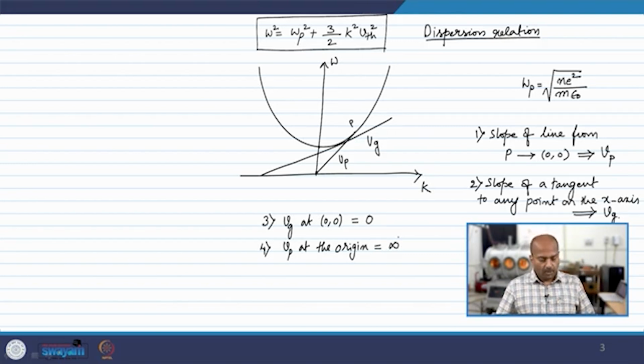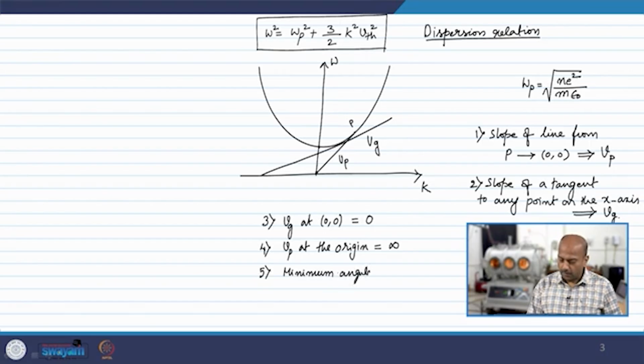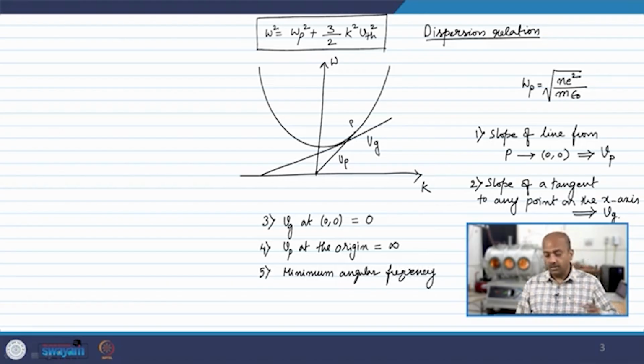Obviously, the minimum angular frequency that is required for these plasma oscillations to sustain to form a wave is, of course, omega p.